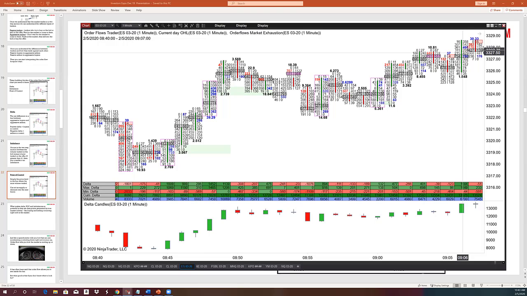I'll admit the same thing. I want to buy oftentimes when I see price moving fast. But that's probably not the most prudent decision to make. If you're watching the order flow, it's telling you you should be holding off.